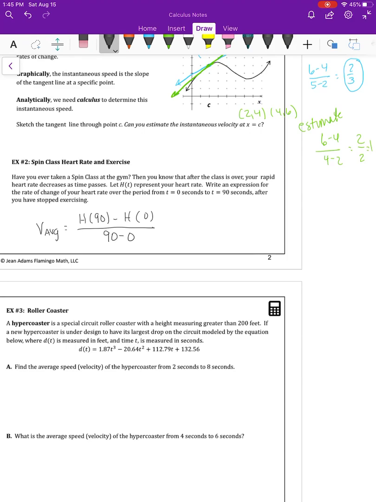And it doesn't matter that we don't know what h of t is. If you wanted to say, well, I don't like that 90 minus 0, then you could just say it's over 90. But other than that, there's nothing else you can do. This is your answer because you don't have an actual function. You just have the name of the function.